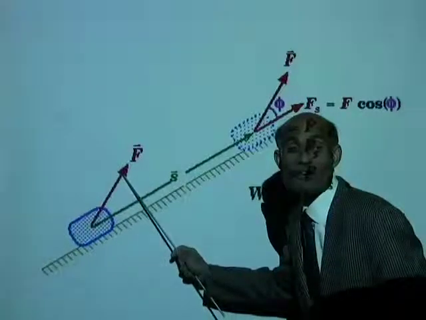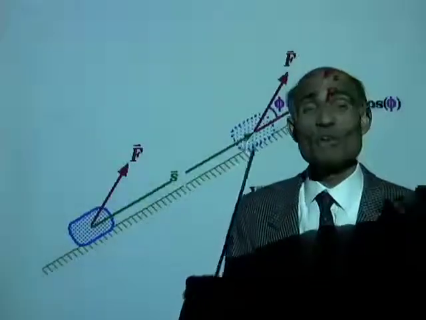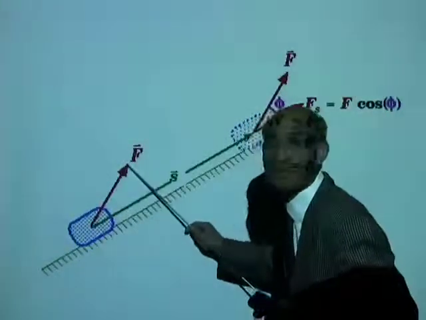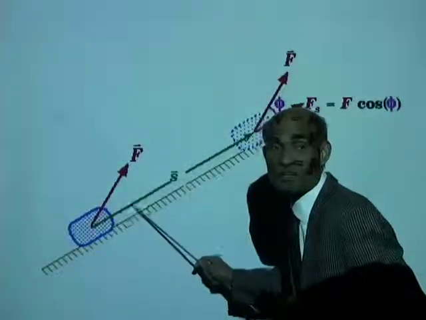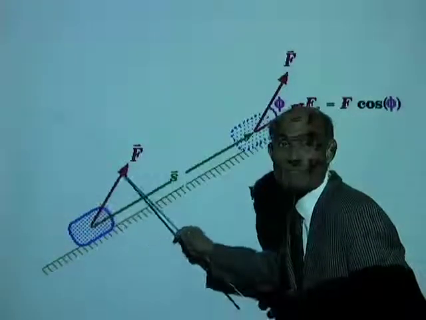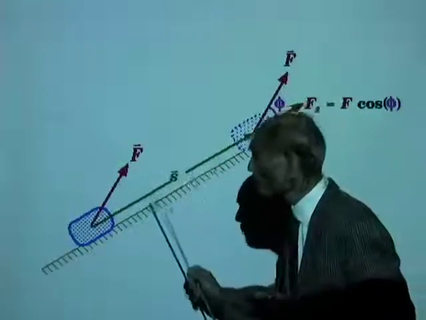Once you understand the meaning of the dot product of two vectors, it is easy to understand that work done by a force is actually the dot product of the force vector and the displacement vector. If you notice here, a force vector F produces a displacement S on this object. F is a vector, S is a vector. Now, what is work done?